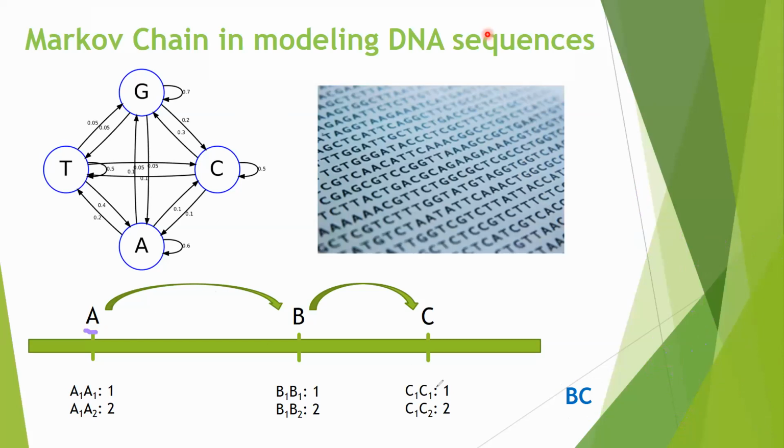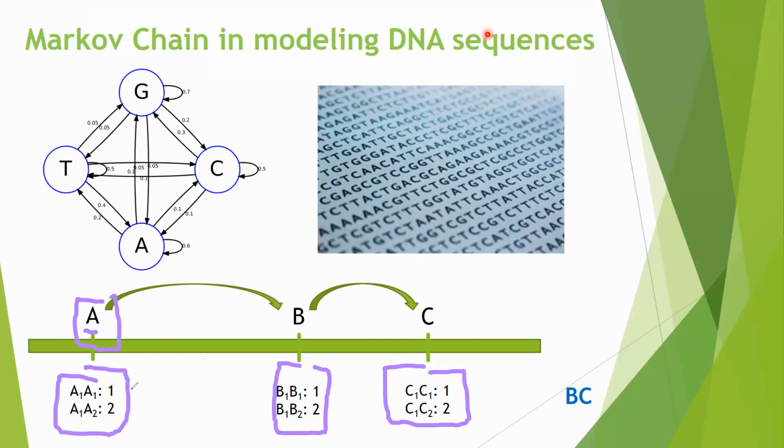And this is true for all three loci here. For A, if this is a backcross design, we have two possible outcomes, two possible genotypes. This is the same for B and C. Since there are two genotypes, we can use two states to describe this Markov chain property. For each locus, the genotype will transit between these two states, either state one or state two.